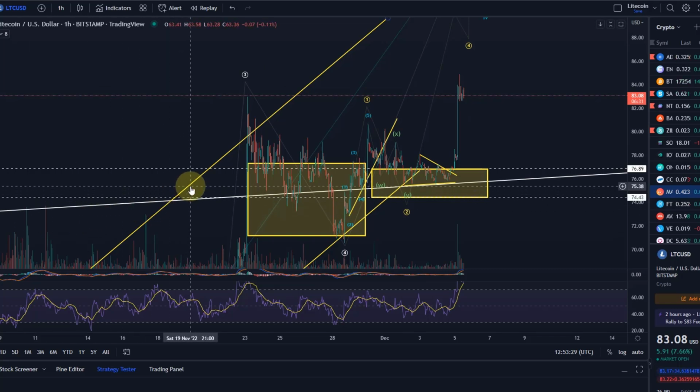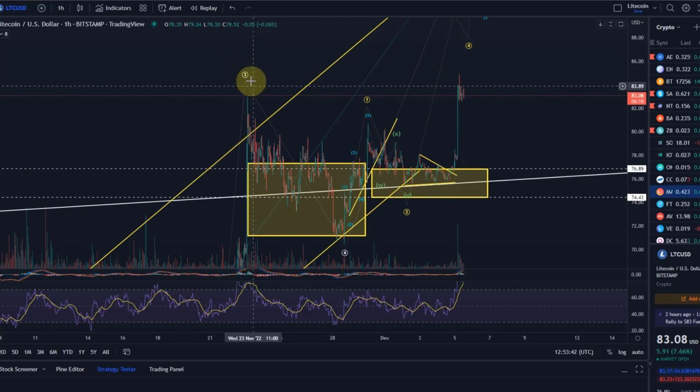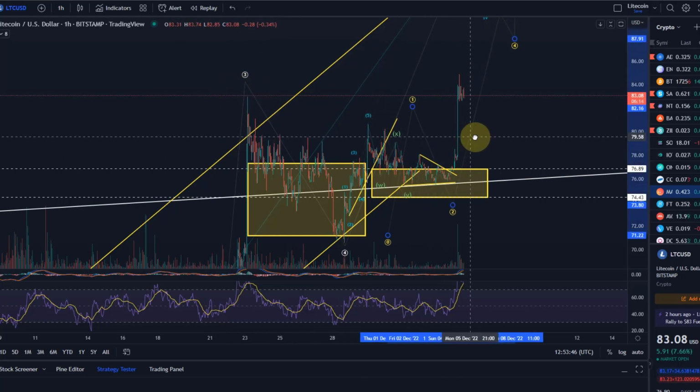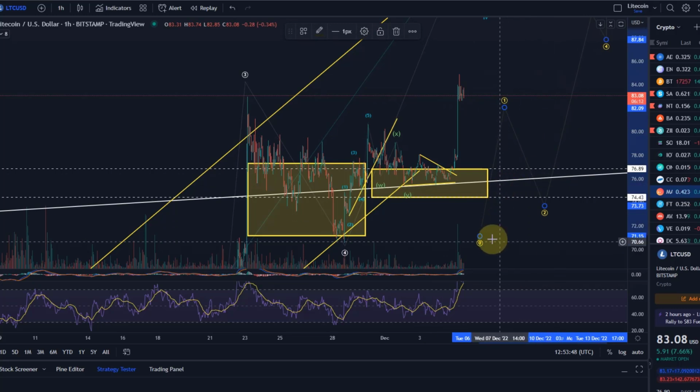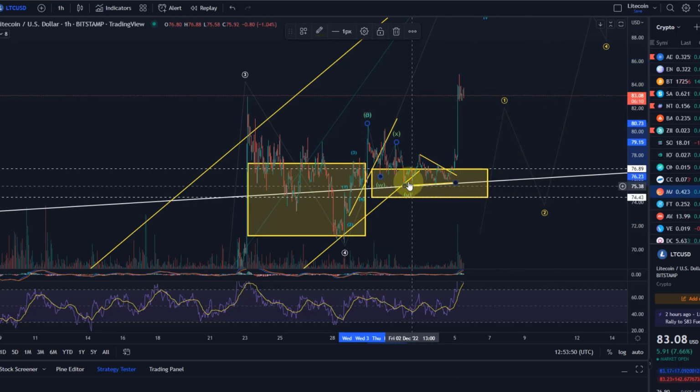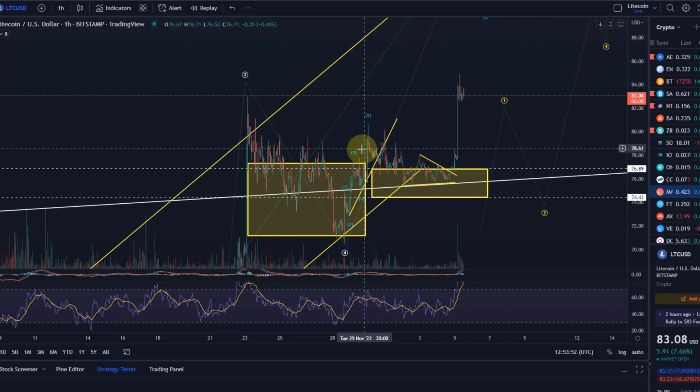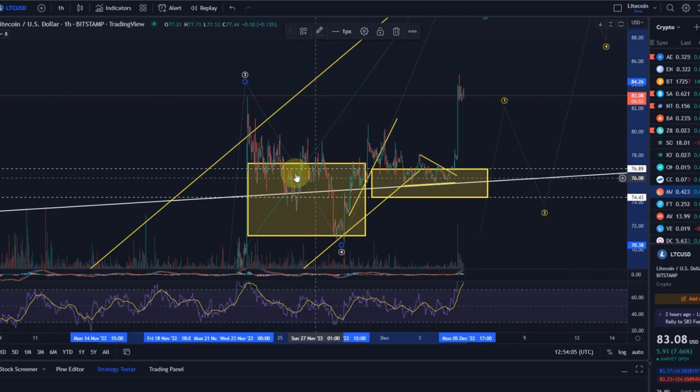My view is, however, let me just see, I think I want to change the wave count a little bit. We talked about this being a wave 3. I will remain focused on that. But I think we just push this 1-2 setup a little bit to the side. And we see this entire move that occurred here as a wave 4, and we see the whole movement here as a wave 4 triangle.